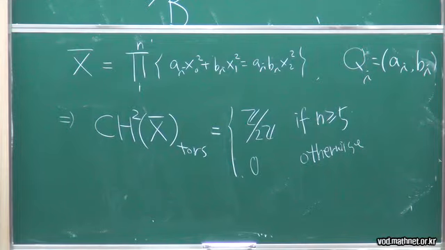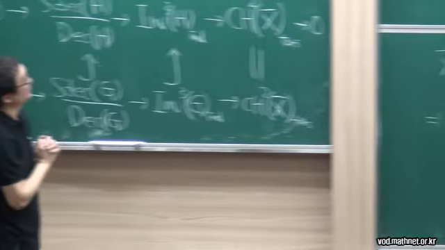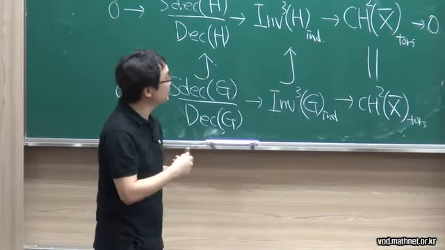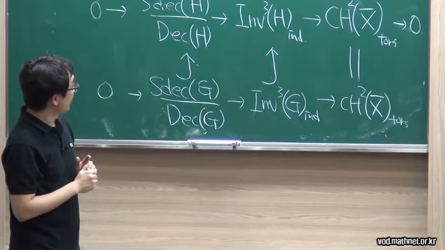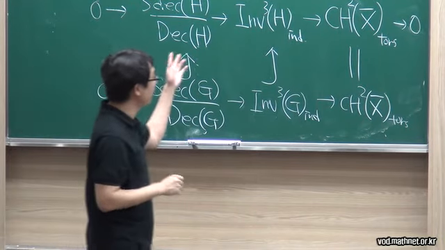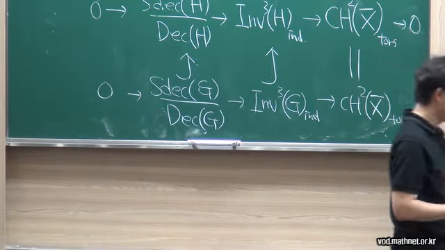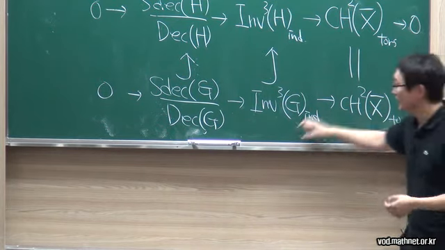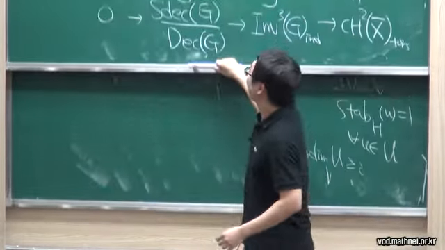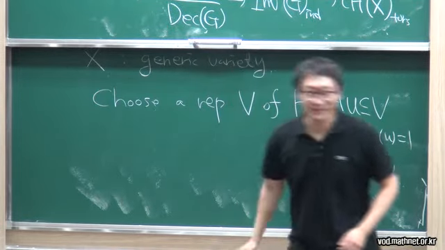And indeed, this exact sequence comes from a modification of the exact sequence proved by Colliot-Thélène and Sansuc, Bloch, Bruno Kahn and so on. Okay, let me stop here. Thank you.